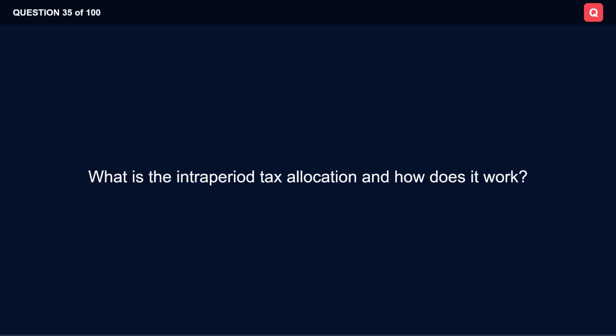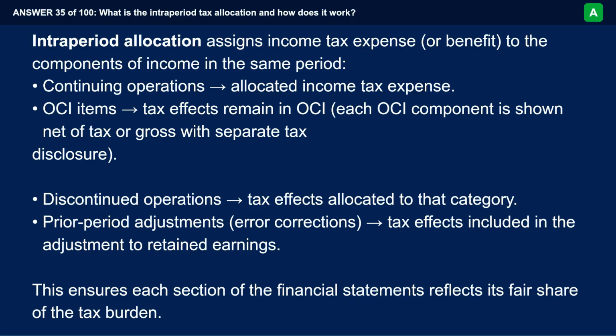What is the intraperiod tax allocation, and how does it work? Intraperiod allocation assigns income tax expense or benefit to the components of income in the same period. Continuing operations: allocated income tax expense. OCI items: tax effects remain in OCI.